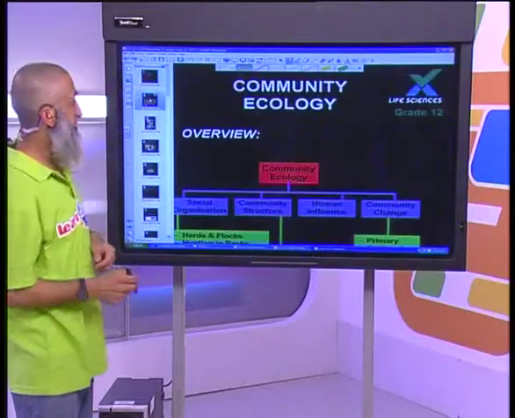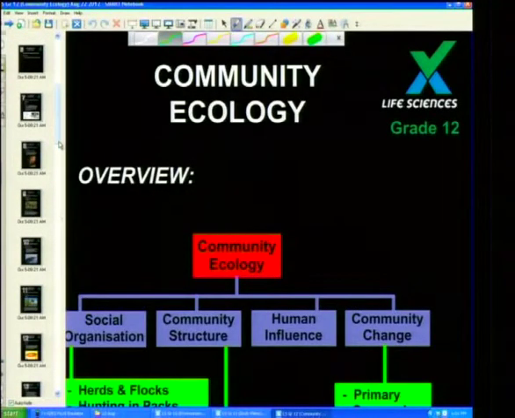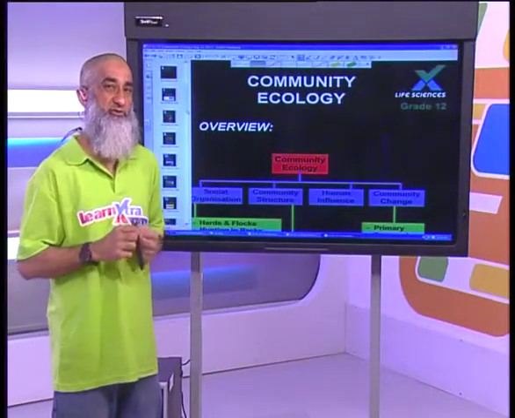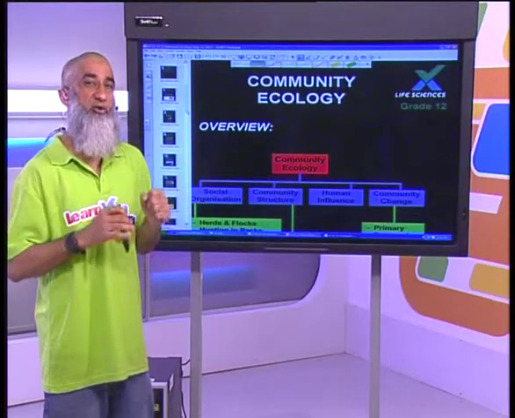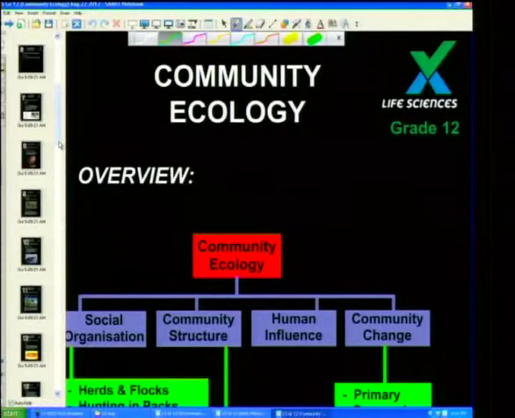Just to give you a quick overview of what we are looking at, and if you look at the screen there, we're looking at community ecology. Now, what was important today, my very good friend Hamida Musa told me that learners always make a mistake in terms of confusing these 4 headings.